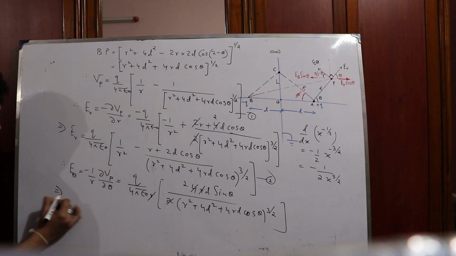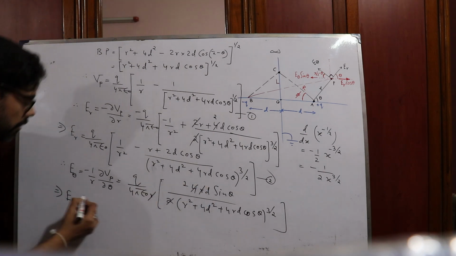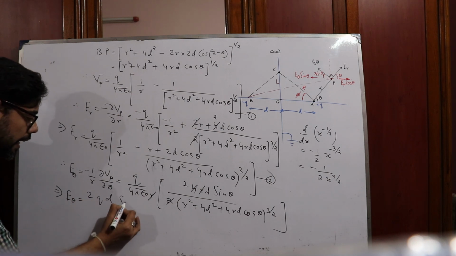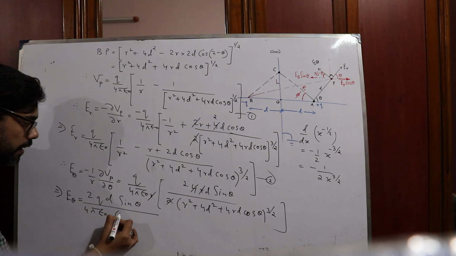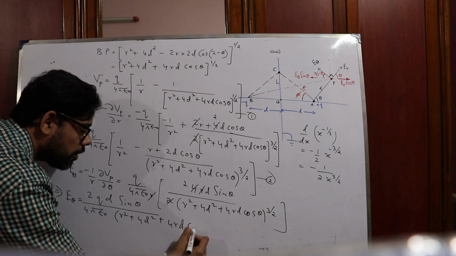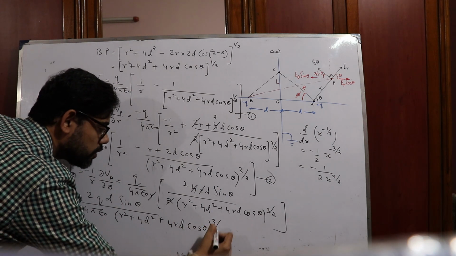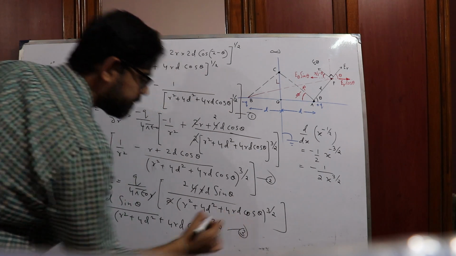Let me write it properly. E theta equals 2qd sin theta by 4 pi epsilon 0 (r square plus 4d square plus 4rd cos theta) raised to the power 3 by 2. Okay, so this is my equation 3.